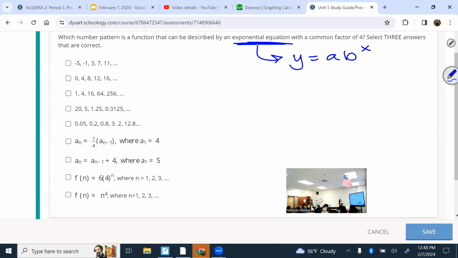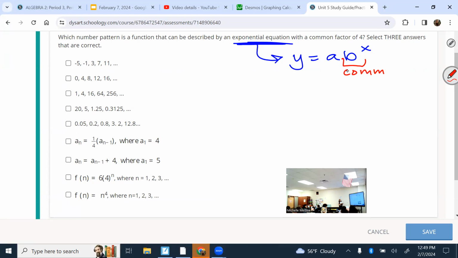Okay. So, it wants our common factor to be 4. Which of these variables is for the common factor? Table 5, can you tell me? Which of these variables is for the common factor? B.